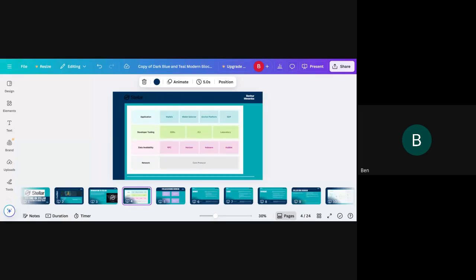If you use the SDK to build a smart contract, then in order for it to interact with the core protocol or the blockchain itself, it has to go through the RPC. So the RPC serves as a door for the smart contract to interact with the blockchain itself.